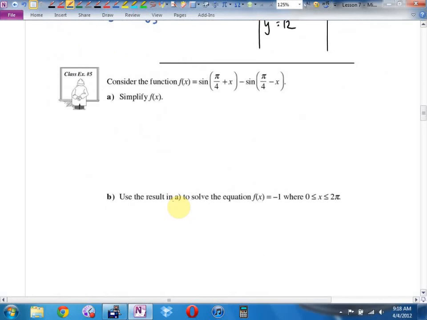Example 5. Last one. Scribble it out. We're going to replace it with a different question. And the different question looks like this.